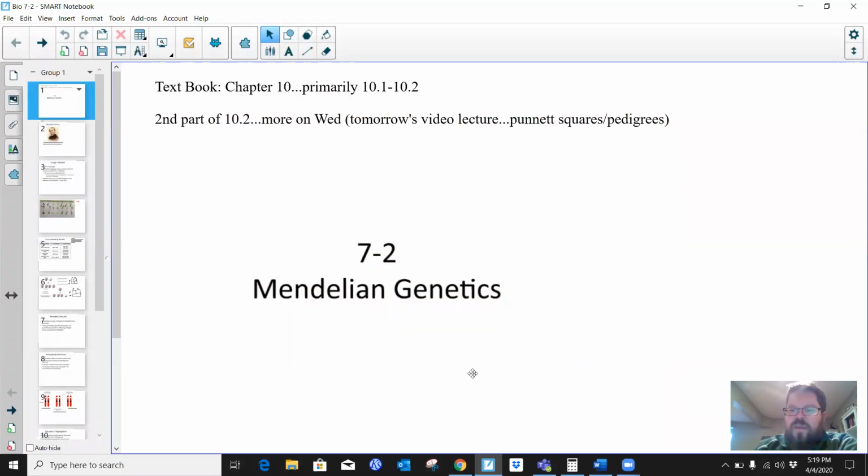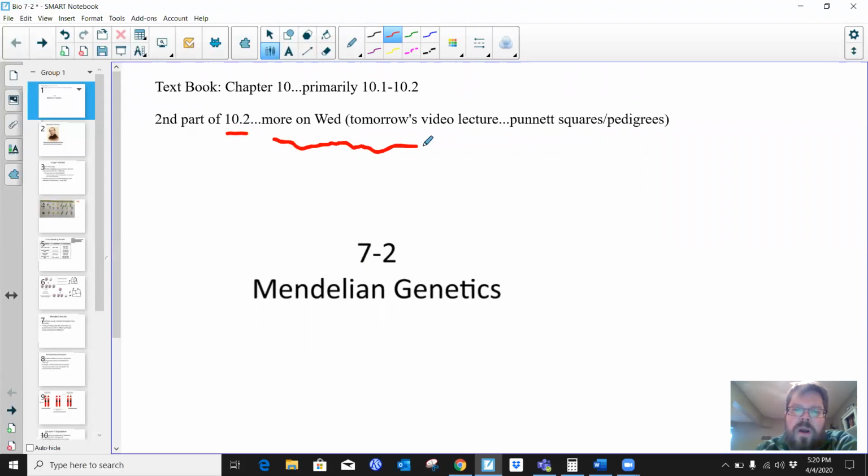Just as a reference point, chapter 10 is where we're at in the book, primarily sections 10.1 and 10.2. The second part of chapter 10, section 10.2, is more tomorrow's stuff, looking at Punnett squares and pedigrees.